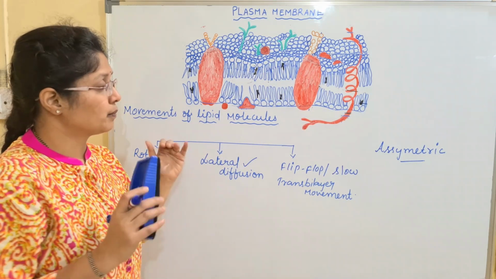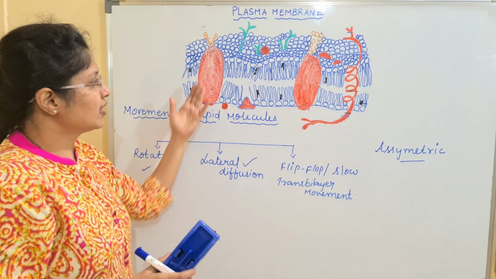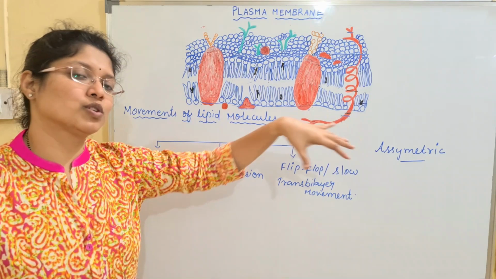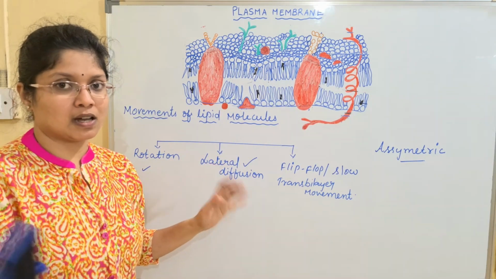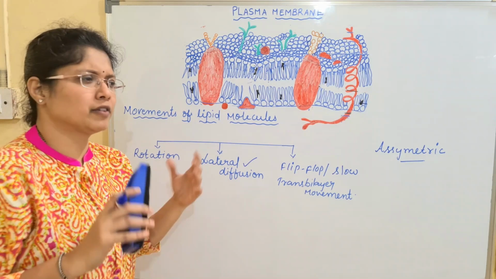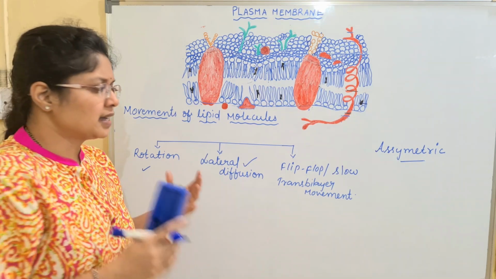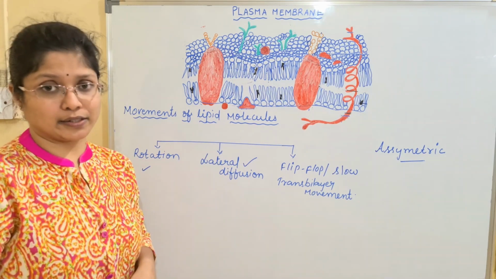So there is a lot of variation in this. In the same way, if you observe the protein molecules, they are interrupted, they are present as a mosaic, here and there they are placed. There is no specific arrangement, it is asymmetric in nature, and different types of proteins having different types of functions will be present. So based upon this, we can say that the membrane is asymmetric in nature.